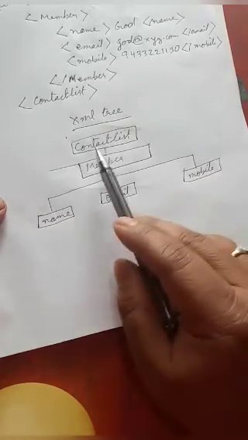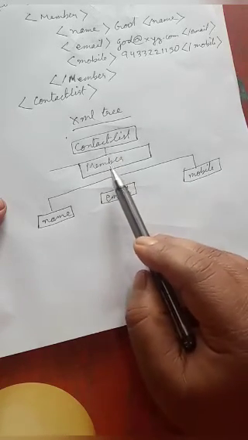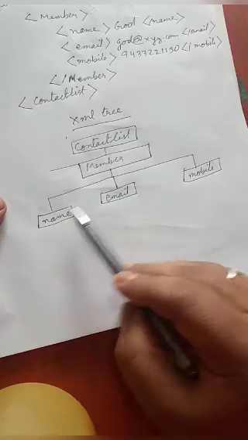So you'll be able to see that the tree structure is already created. The contact list is the root element, member is the parent element, and these are the child elements.